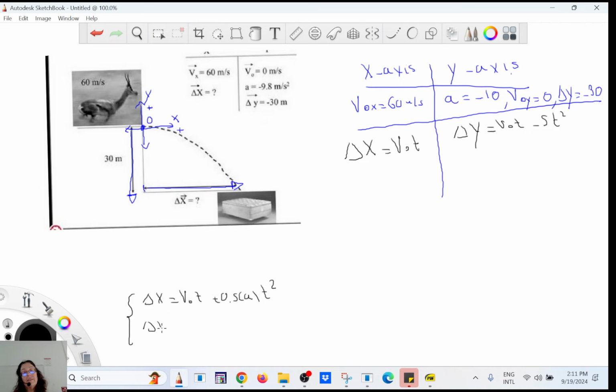Okay, or you can have delta y equals v0t plus 0.5 a t squared. But it just happened that if a equals negative 10, so half of it is going to be negative 5. But this is only true for free fall.